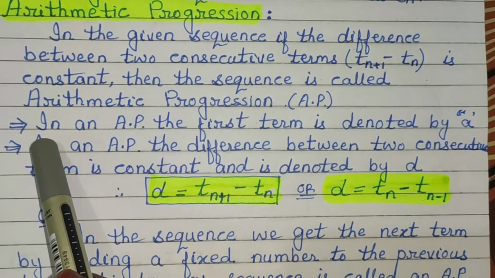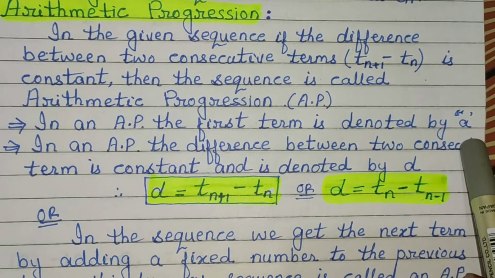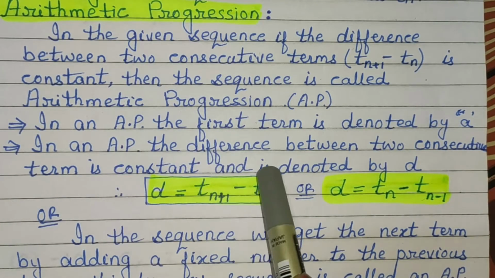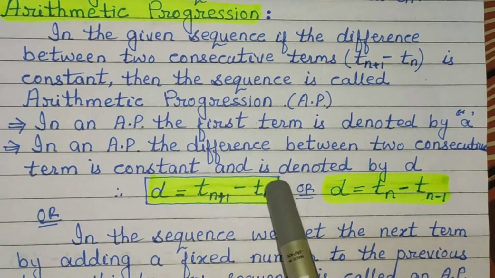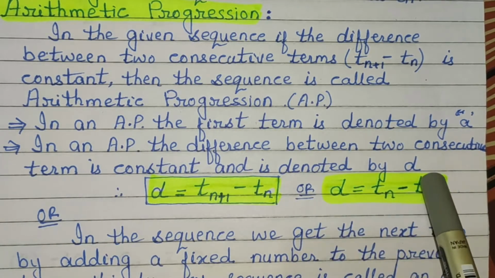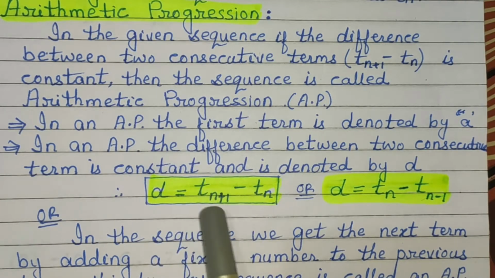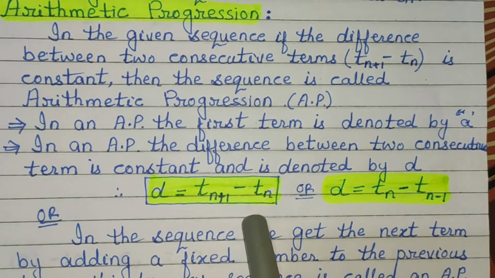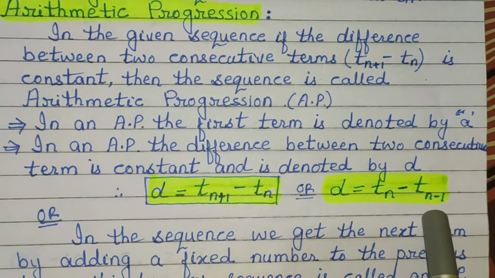Next, in an AP, the first term is denoted by a. The difference between two consecutive terms is constant and it is denoted by small d. Therefore, we can write d is equal to t of n plus 1 minus t of n, or d is equal to t n minus t n minus 1.